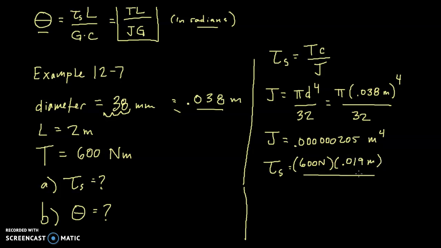And then J goes on the bottom, and that is our 0.000000205 meters to the fourth.